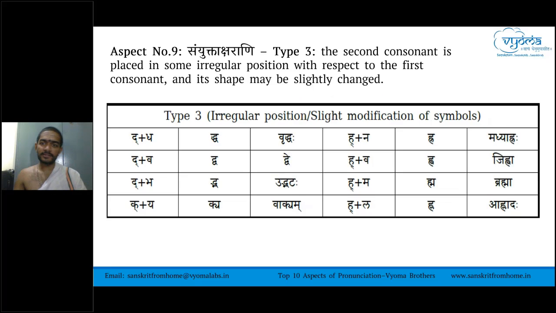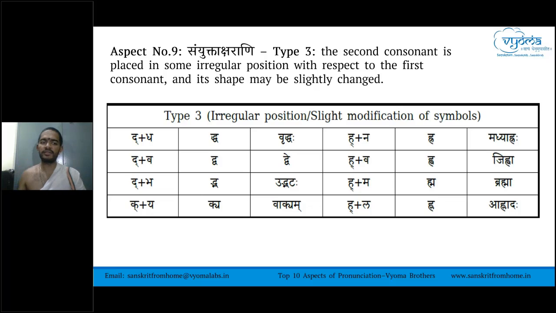The third type is where the second consonant is placed differently. It does not have a fixed position for each letter, depending on how it is written. It's kind of irregular with respect to the first standard. Its shape might also change. For example, Vriddha: we write it somewhat below, we don't write the whole dha below, we just write half the dha. Da with dha, Vriddha.